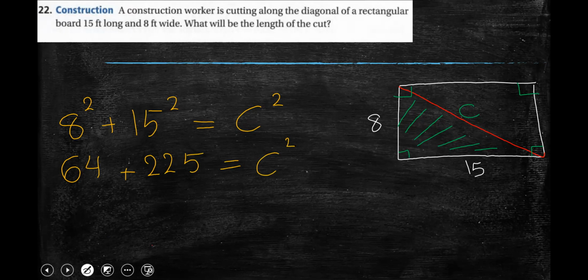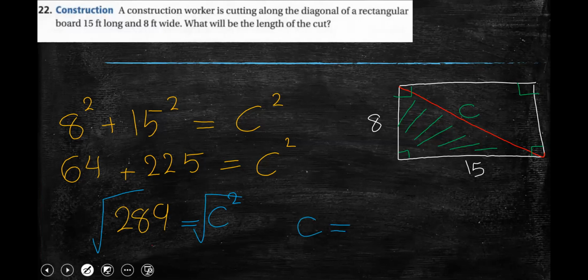Let's add them now: 289 is C squared. How can I find C? Square root. So C will be the square root of 289, which is 17 feet. So the length of the diagonal, the hypotenuse, or the cut will be 17 feet.